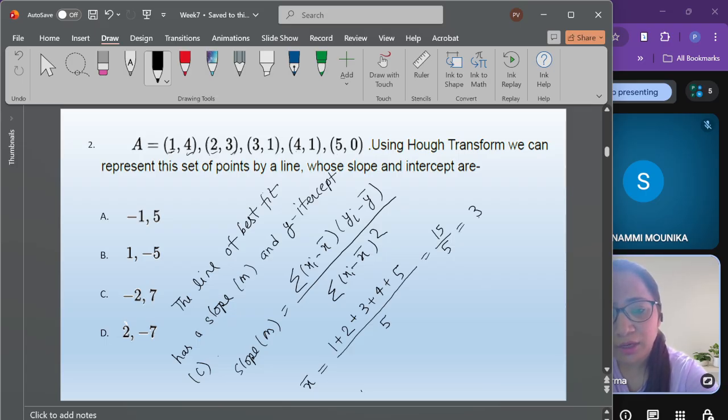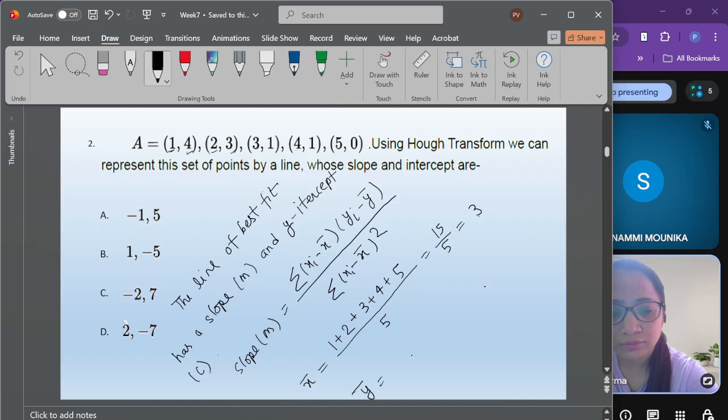Similarly, we have to calculate for the y also. So 4 plus 3 plus 1 plus 1 plus 0 by 5. Now add these values, we will get 9 by 5. If you just calculate it, you will get 1.8. Now put these values in the equation for slope m, then we will find out the slope m.